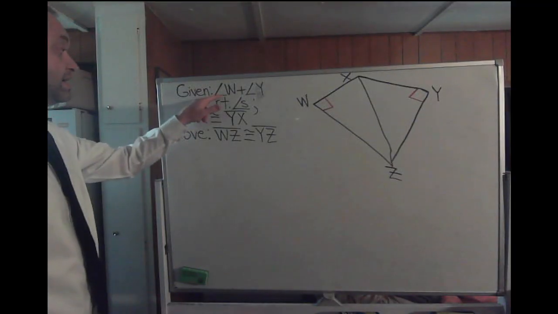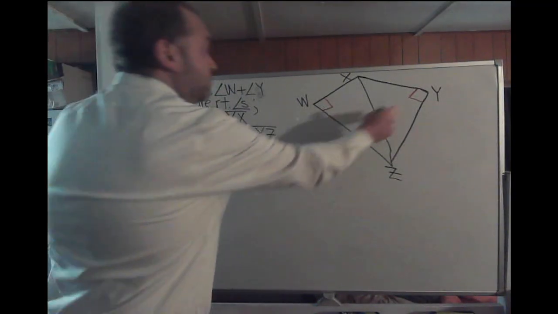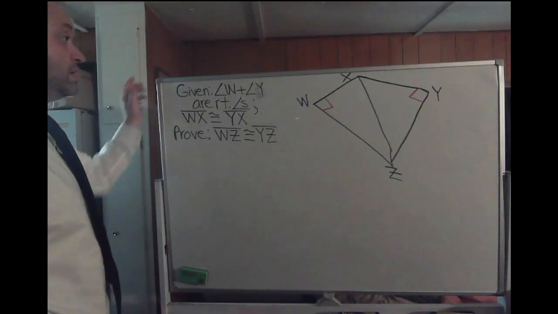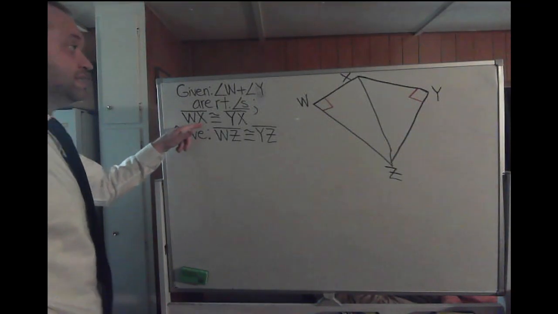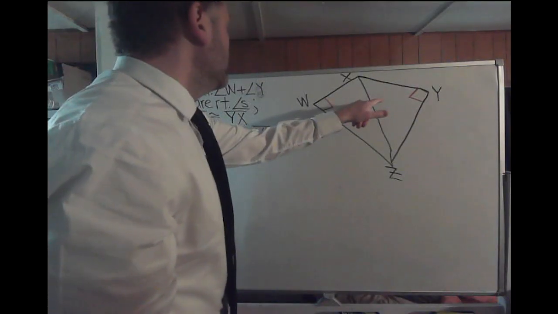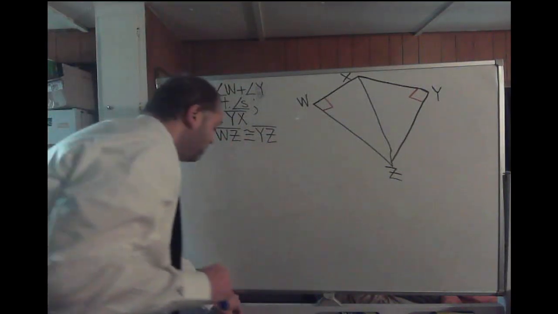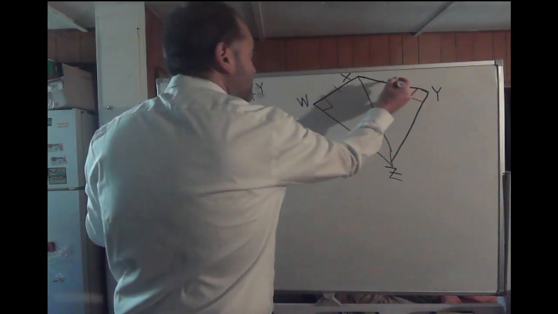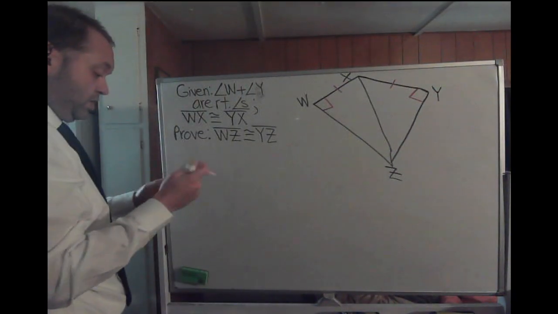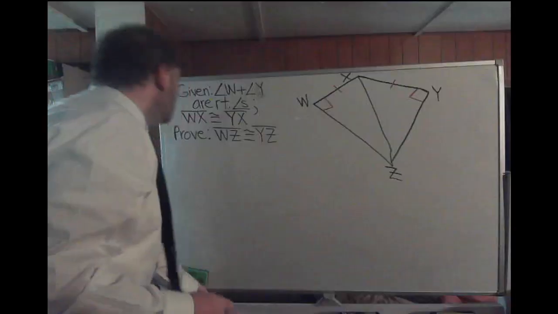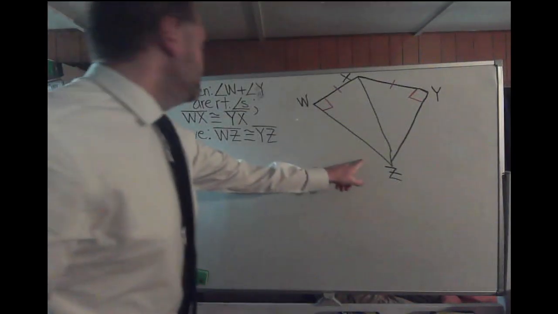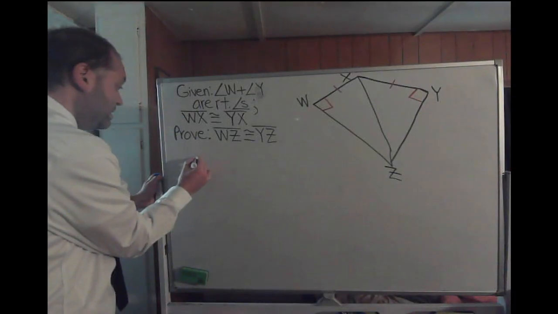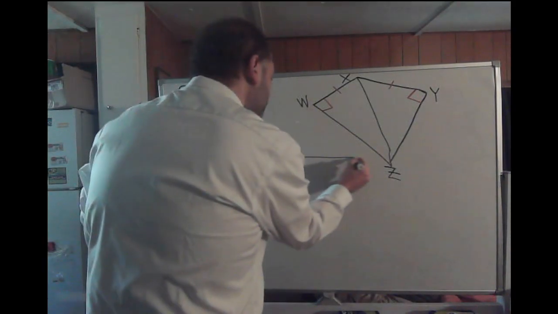We're given that angles W and Y are right angles, and we're also given that WX is congruent to YX. In fact, why don't I go ahead and mark that? That's going to make our lives a lot easier when we do that in the diagram here. Okay. What we have to prove is that WZ is congruent to YZ. Okay, this actually won't be that bad. Let's go ahead and set up our columns.